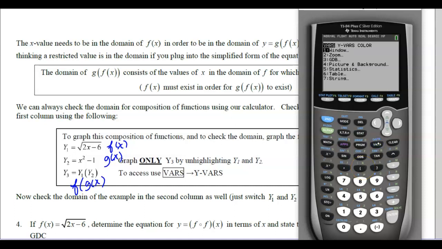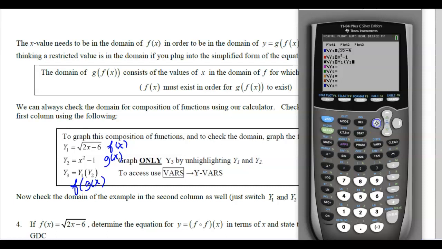So vars, Y-vars, function, down to y2. Okay, so that's going to graph for you f of g of x. So then it says graph only y3 by unhighlighting y1 and y2.